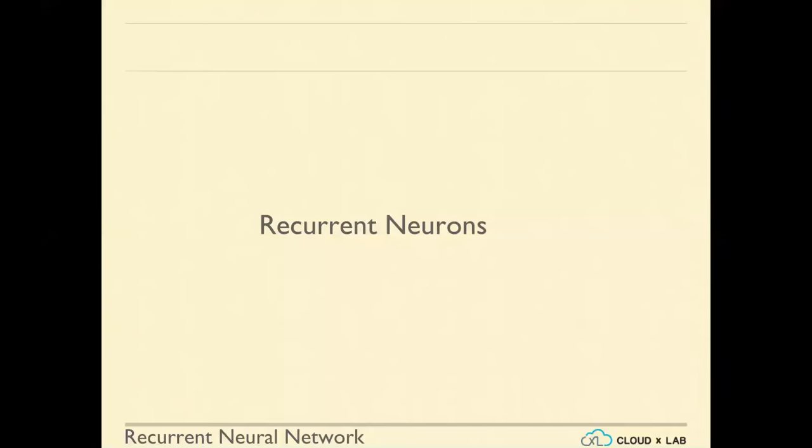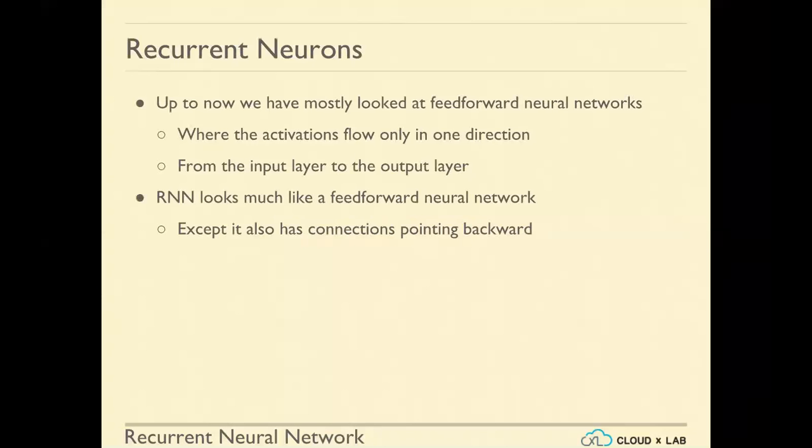Now, the most fundamental concept in RNN is the basic recurrent neuron. The recurrent neuron is the basic building block. Up to now, we have mostly looked at feed-forward neural networks.